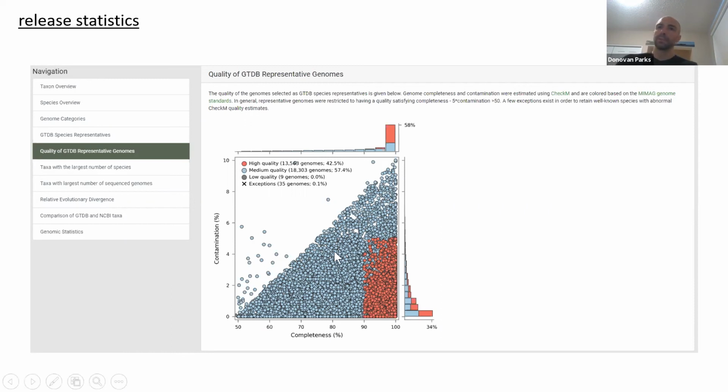So you can see that the majority of these are high quality genomes, but we do aim to be inclusive. So we are using MAGs that are as low as 50% complete in order to cover as much genomic diversity as possible, while still only using MAGs that are good enough that we know they're going to give accurate ANI estimates and have enough marker genes that we can put them into phylogenetic trees.